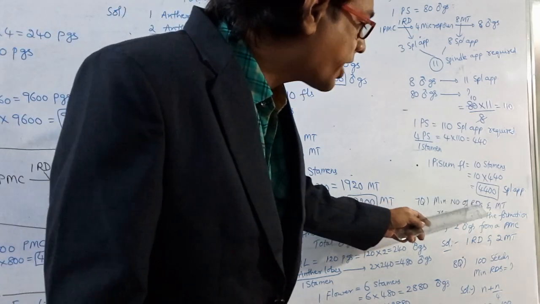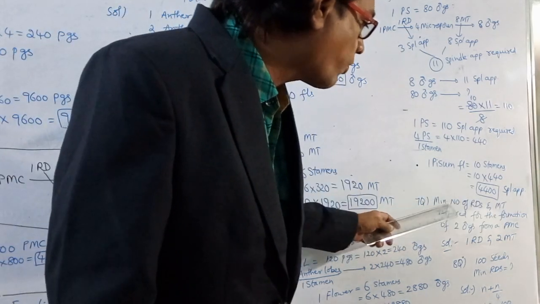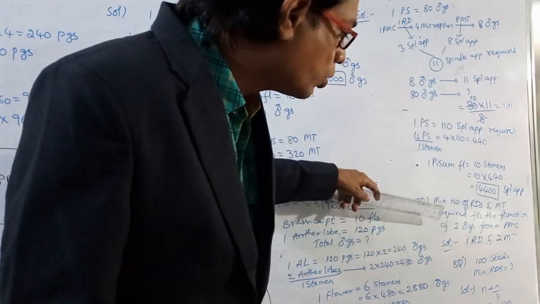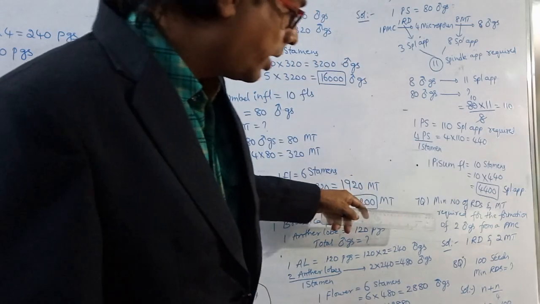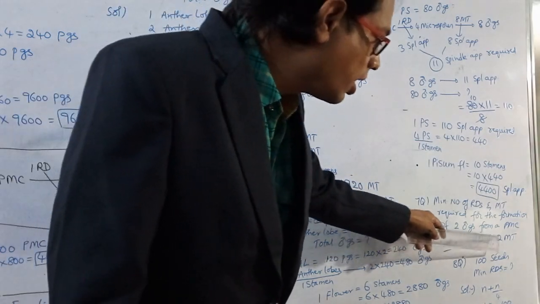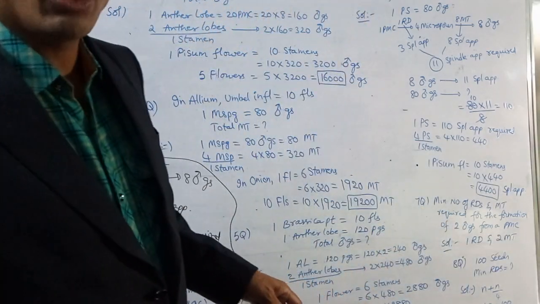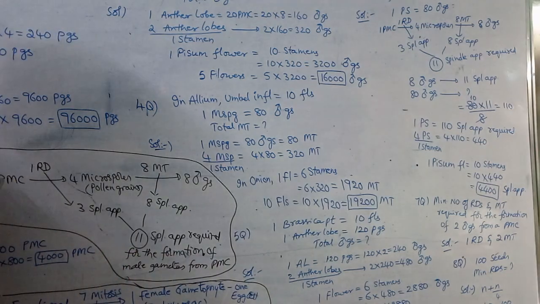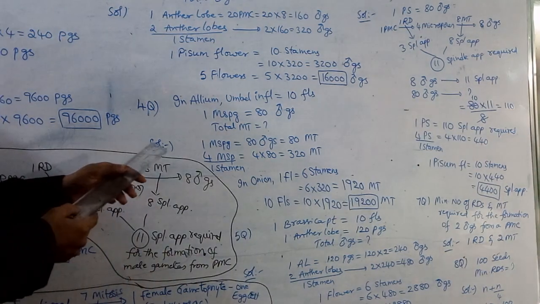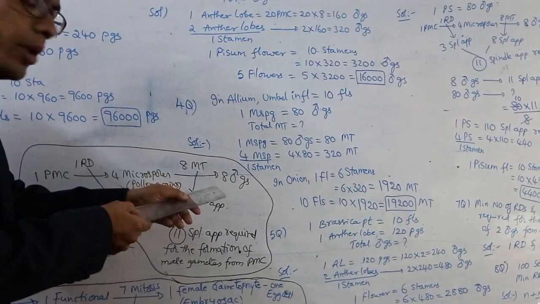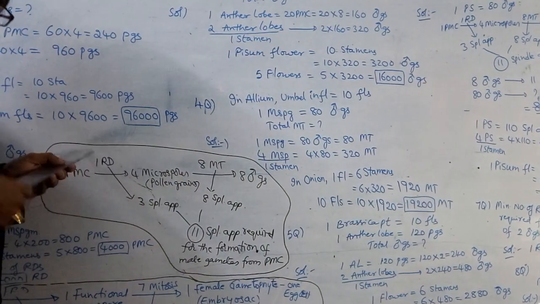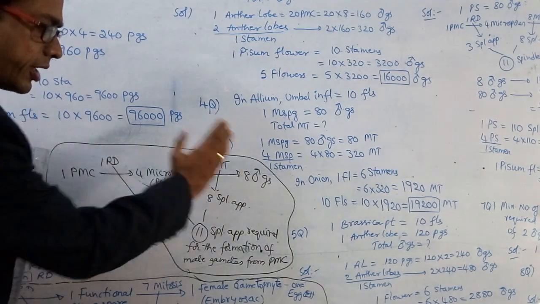Minimum number of reduction divisions and mitosis required for the formation of 2 male gametes from a PMC, pollen mother cell. That is 1 reduction division and 2 mitosis. How can we calculate? See, 1 PMC will produce 2 male gametes or 4 male gametes or 6 male gametes or up to 8 gametes. How many reduction divisions are required? One reduction up to 8.